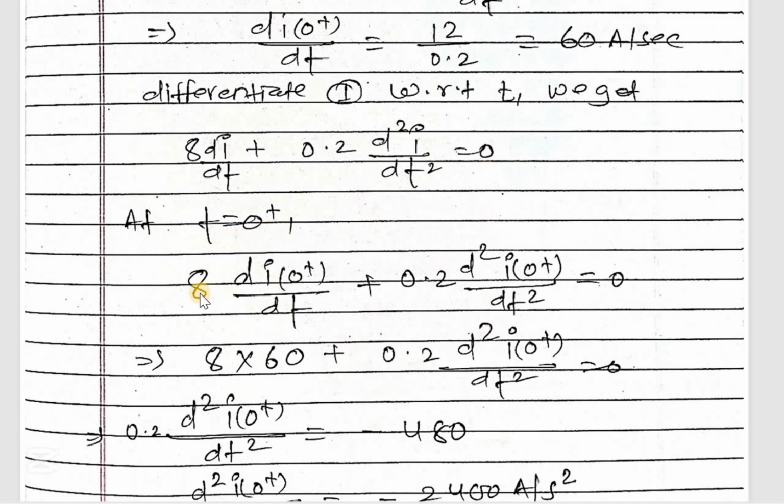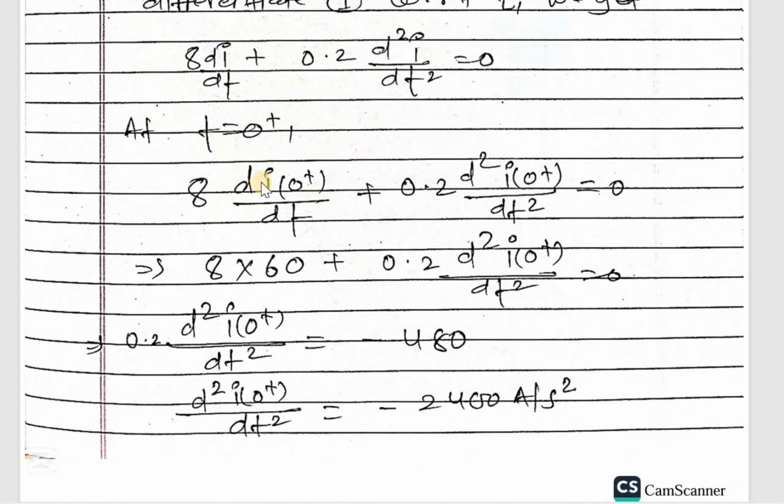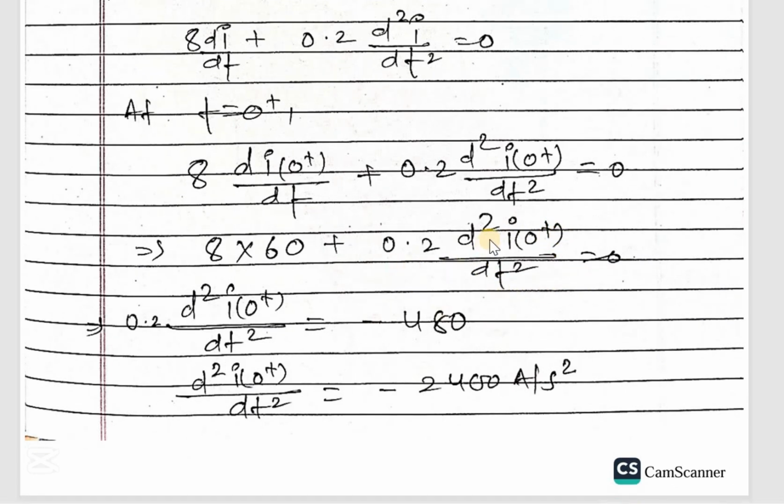At t equal to 0 plus, that is 8 di(0 plus) upon dt plus 0.2 d square i(0 plus) upon dt square equal to 0. So this value we have already found, 60, therefore 8 into 60 plus 0.2 d square i(0 plus) upon dt square equal to 0. We have to find the value of d square i(0 plus) upon dt square.